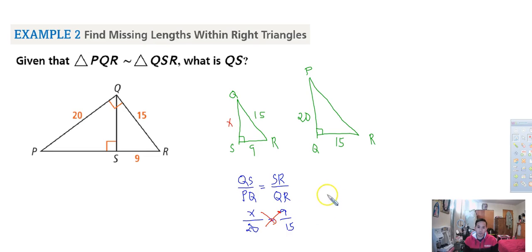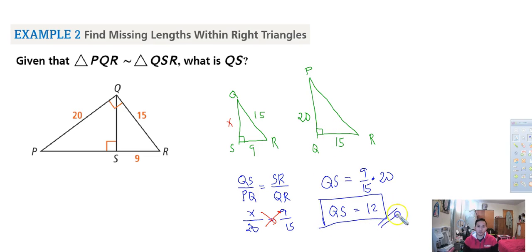So QS is equal to 9 over 15 times 20, and multiplying that, our QS is equal to 12. So we can now say that the length of altitude QS is 12.